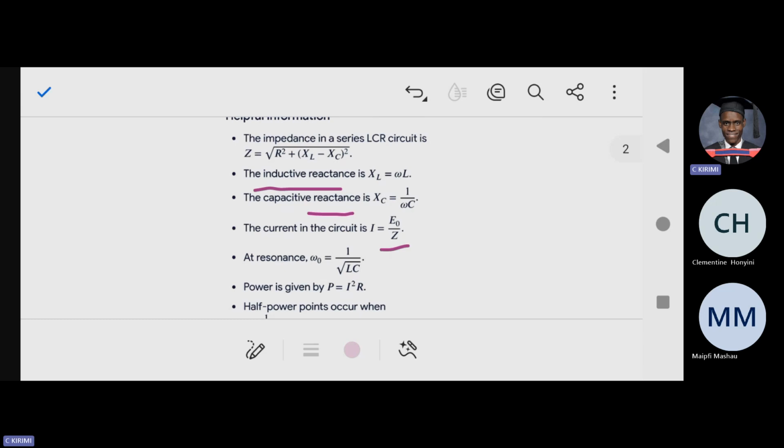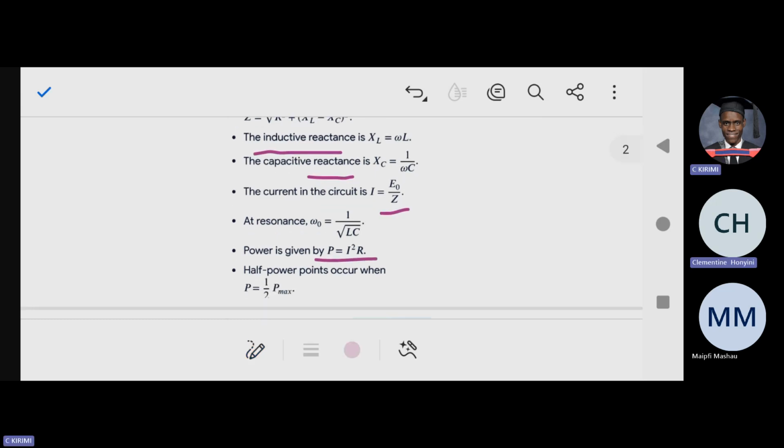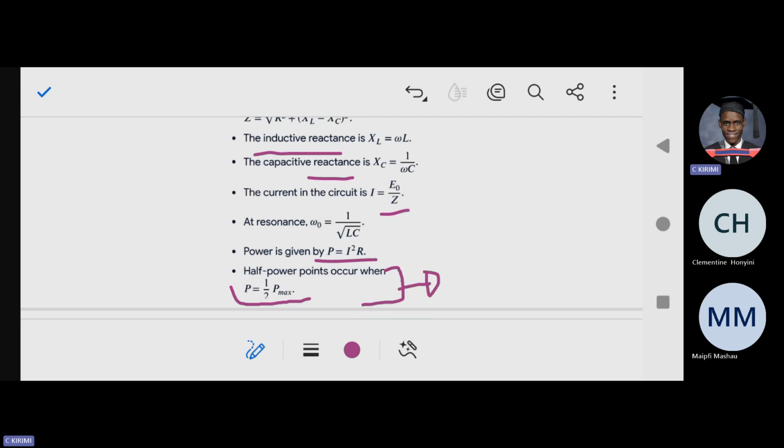Power is given by P. This one is from matric, I squared R. Then the one which you want to solve today is this one. If our power is equal to half of the P max, then these are the half power points. So this is what is going to be helpful for us today in answering the question.